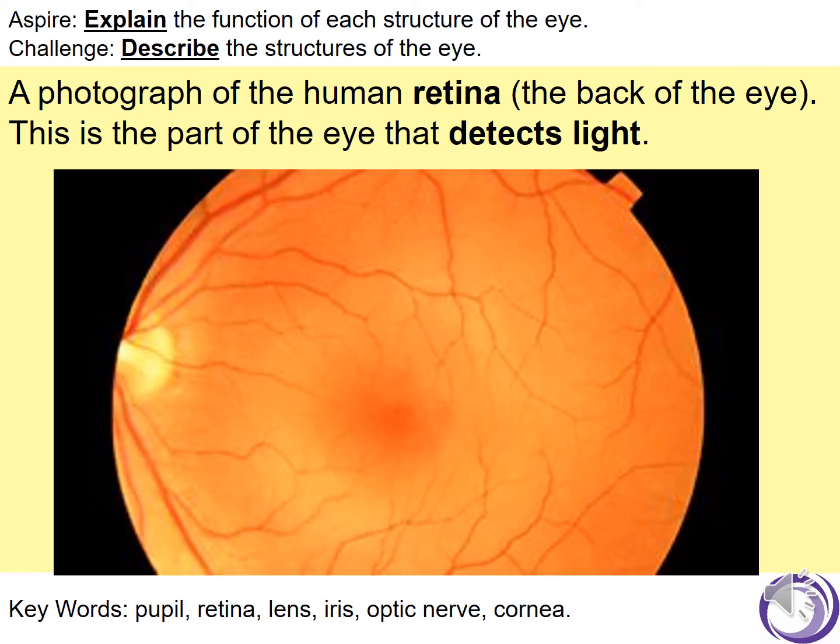So let's increase your knowledge. I've seen images like this quite often of the back of my own eye, because I go to the opticians every year to have my eyes checked. So this is a photograph through the front of the eye of the retina in the back of the eye, and this is the part of the eye that detects the light.